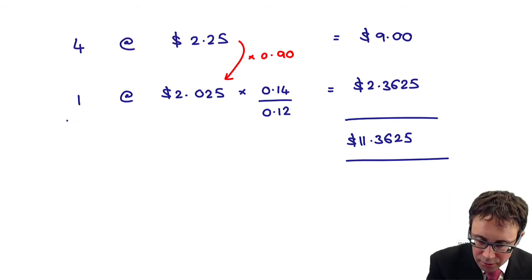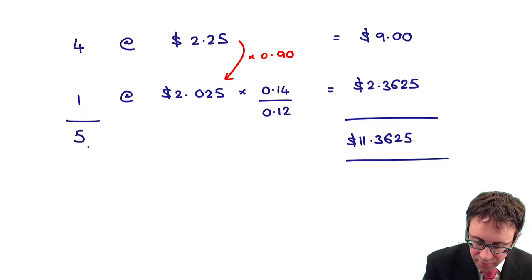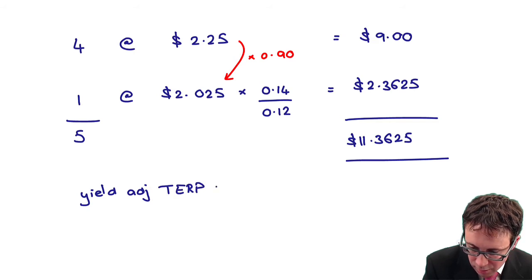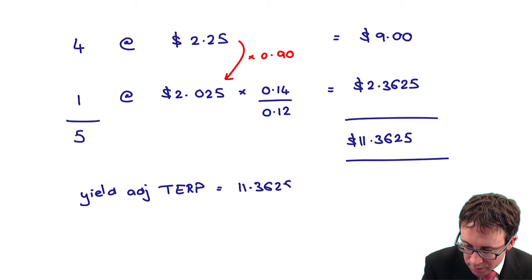How many shares have we got? That's 5. So if we're looking there, is it for my yield adjusted theoretical ex-rights price?